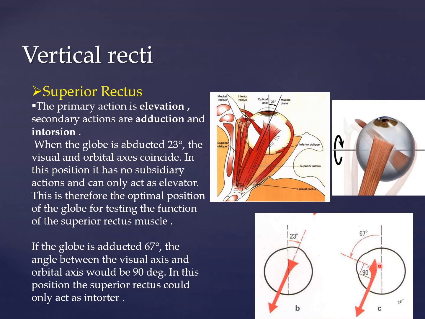So the angle between the visual axis and the axis of muscle or orbital axis is now 90 degrees. So when this muscle contracts, it will only intort the eyeball. So it is a pure intortor. When the globe is adducted to 67 degrees, the superior rectus has only action of intorsion.